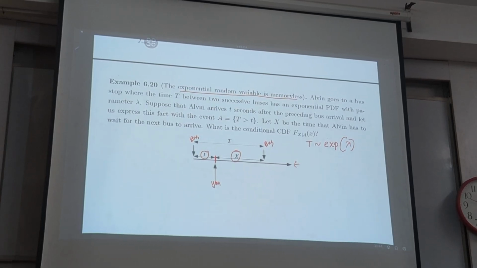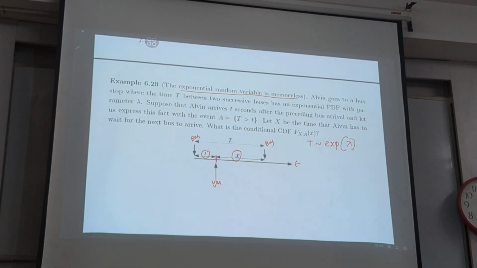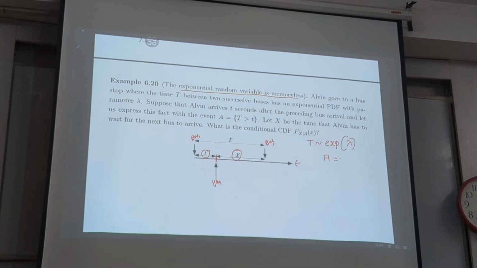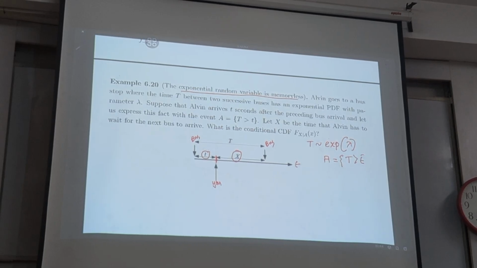So T is exponential with parameter lambda. Now, what we want to know is that at the time you arrive at the bus stop, event A occurs. And what does event A say? T minutes have already passed. T is already greater than t, right?